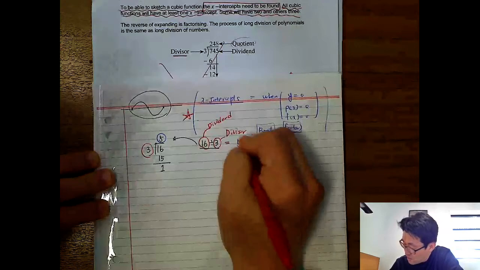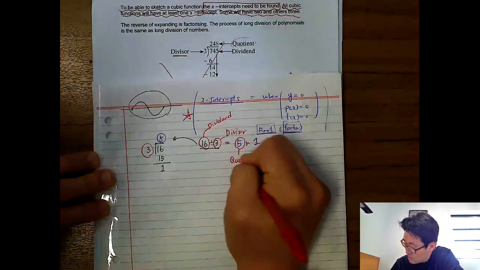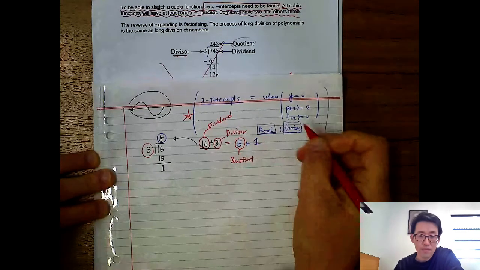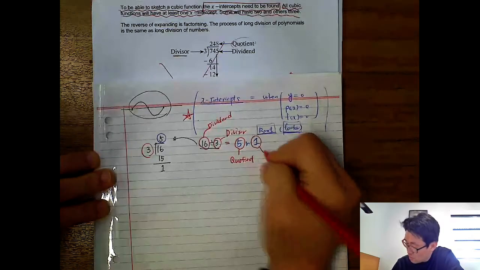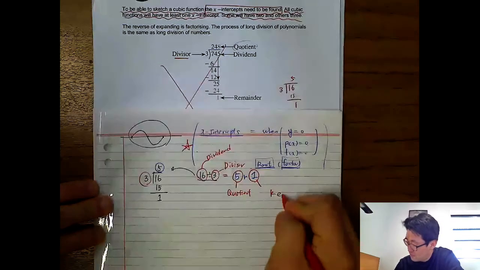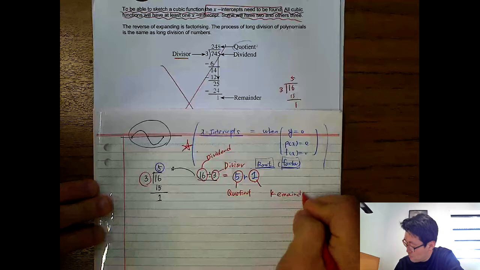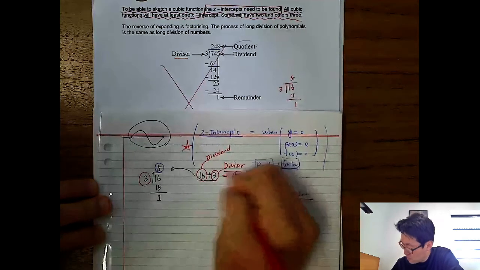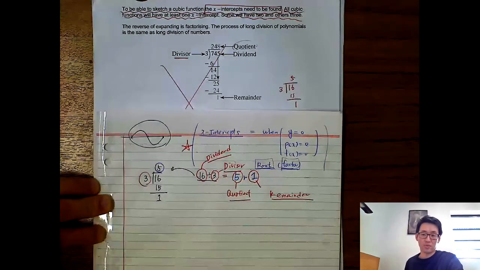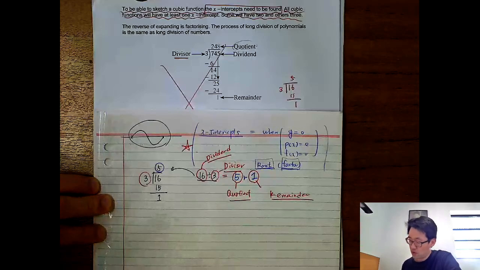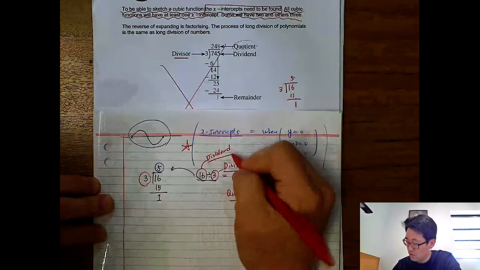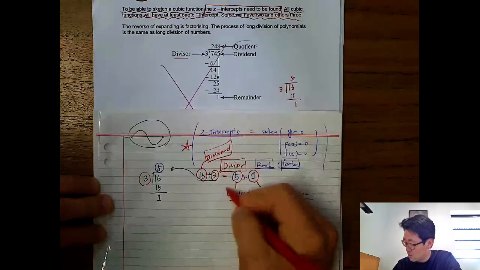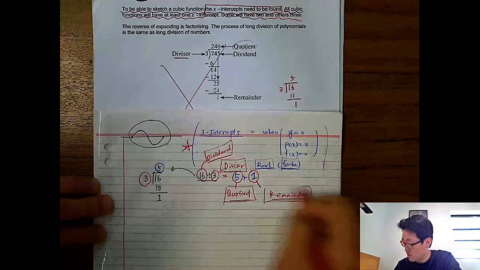The 5 is the quotient, and the 1 we call the remainder. You must know this concept first. You learned it already, but you need to know those terminologies.